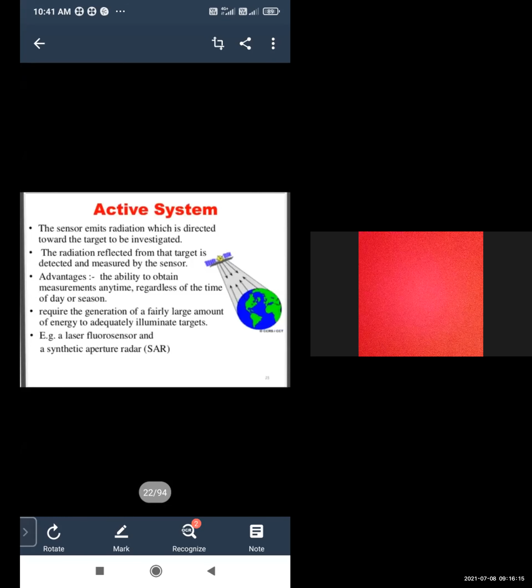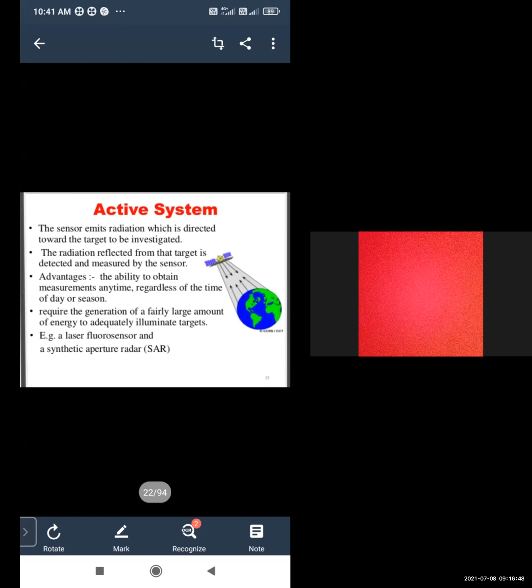For active system, the sensor emits radiation which is directed toward the target to be investigated, and the radiation reflected from that target is detected and measured by the sensor present in the active system. So what is the advantage of active system? The advantage of active system is the ability to obtain measurements anytime, either night time or daytime.